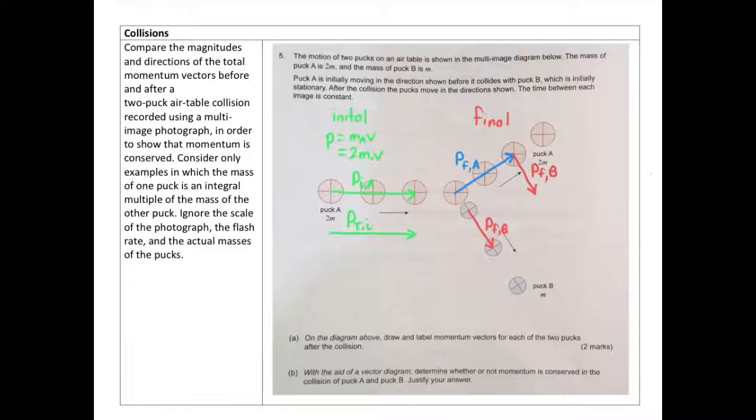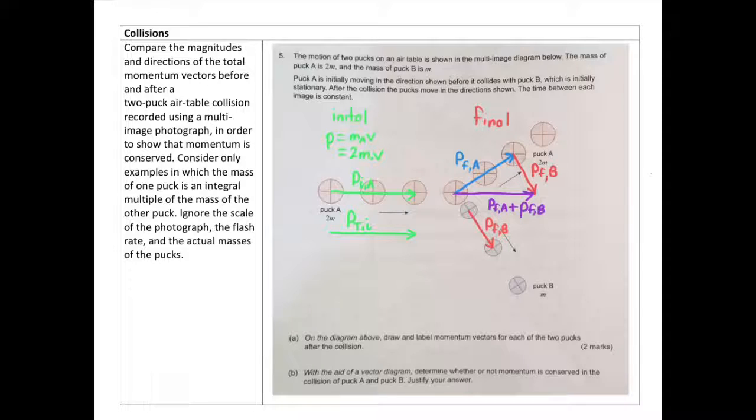So the final total momentum is given by adding those two vectors together. So that is PFA plus PFB.